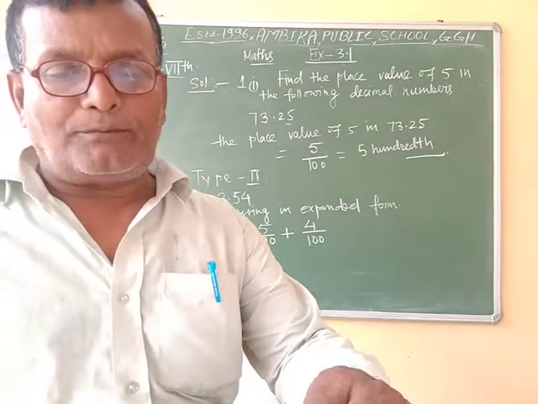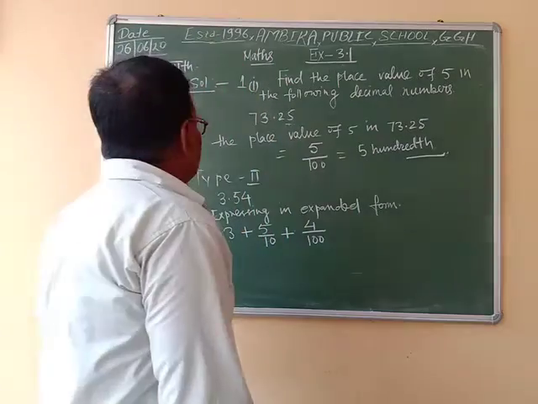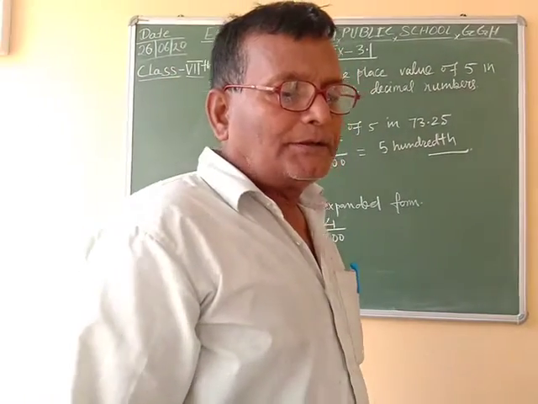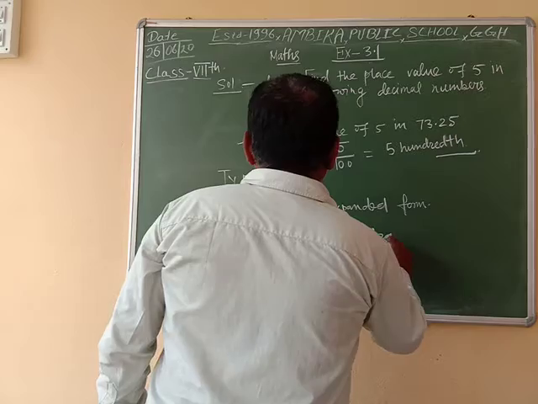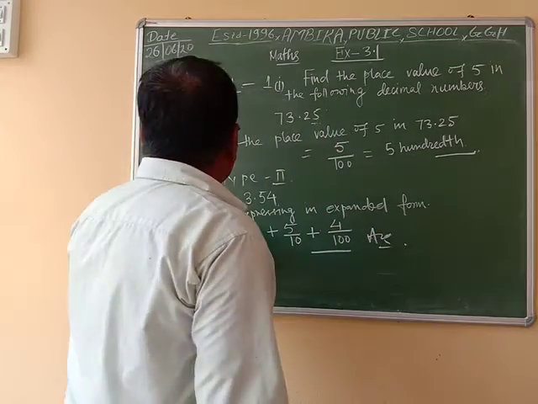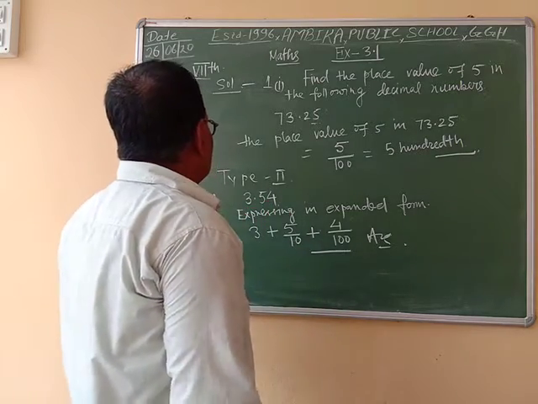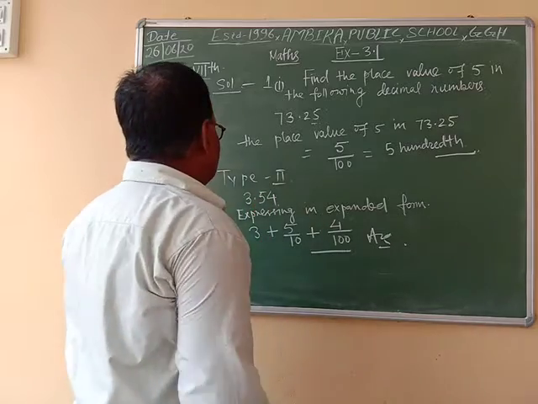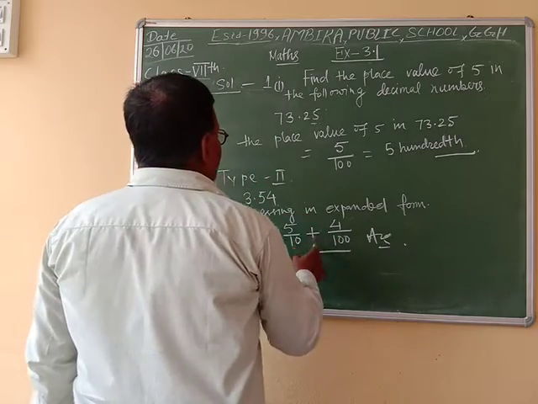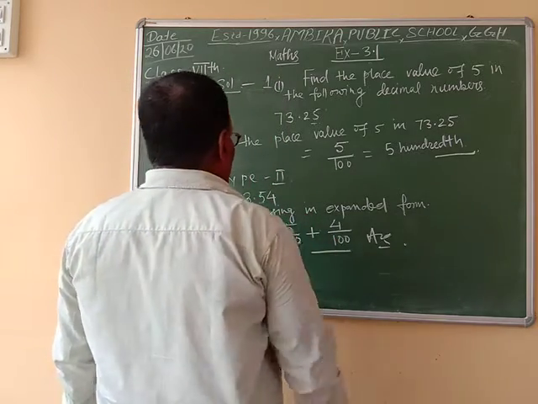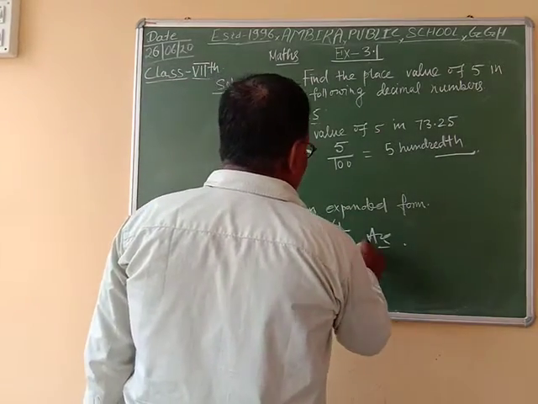So the expanded form of 3.54 is: 3 is the integral part and 5 is at tenth place, so we write 5 into 1 by 10, that is 5 by 10, plus 4 at hundredth place. So in expanded form, we can write 3 plus 5 by 10 plus 4 by 100.